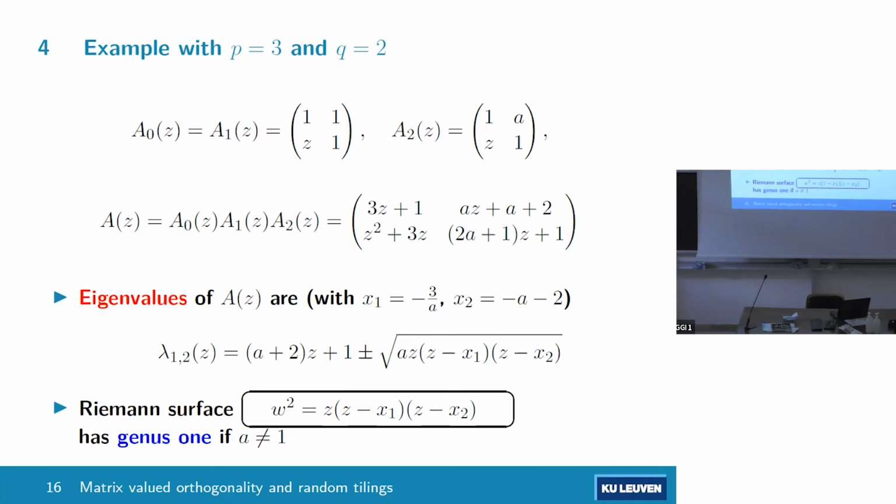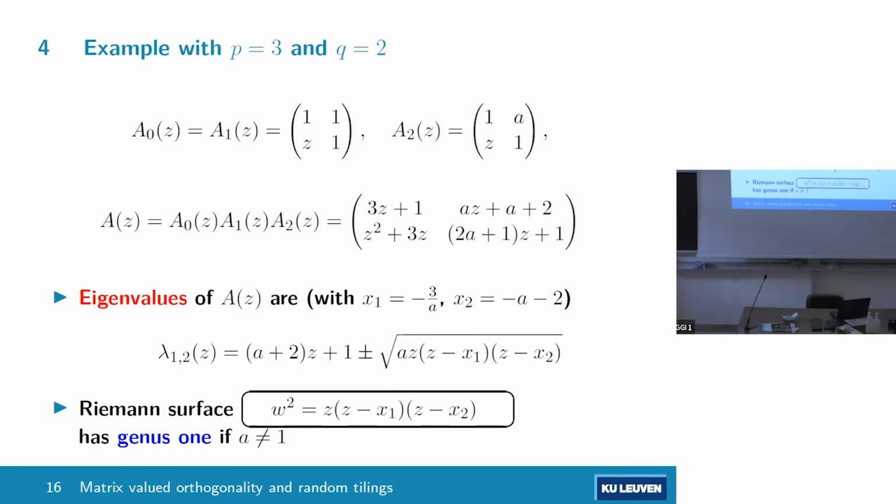It doesn't really matter. You can calculate the eigenvalues, and they depend on z, but there's some branching here at 3 points, at 0, at some negative number x1 and negative number x2.